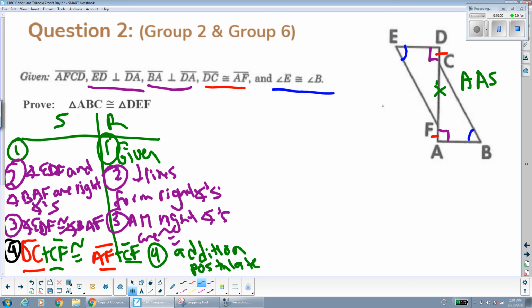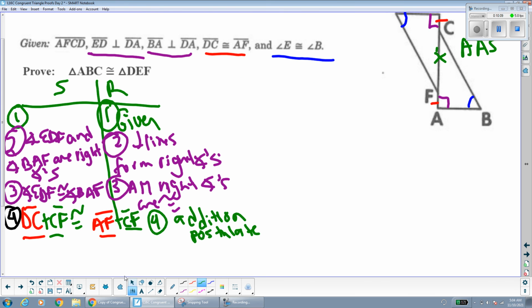And they didn't tell us that CF was congruent to CF, and we didn't write that in the proof. So we actually do have to add in a step in between 3 and 4 here. So let me just make it step 3.5. And I'm going to indicate that it comes in between 3 and 4. And in step 3.5, I'm going to make the statement that CF is congruent to itself.